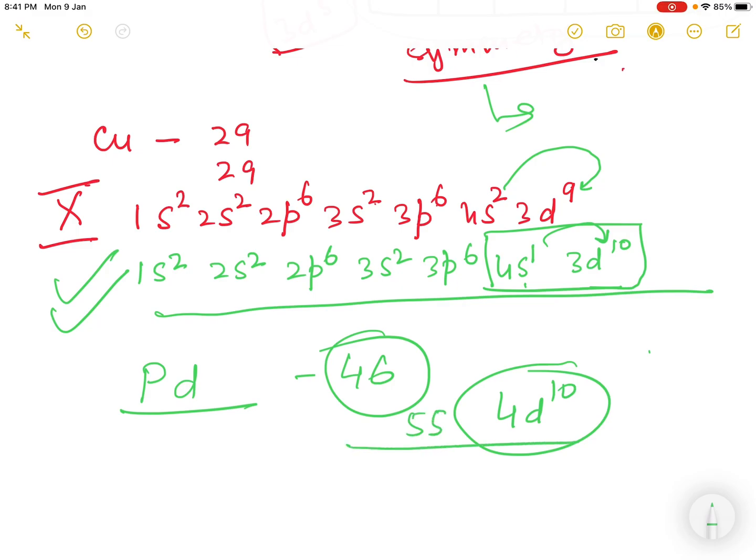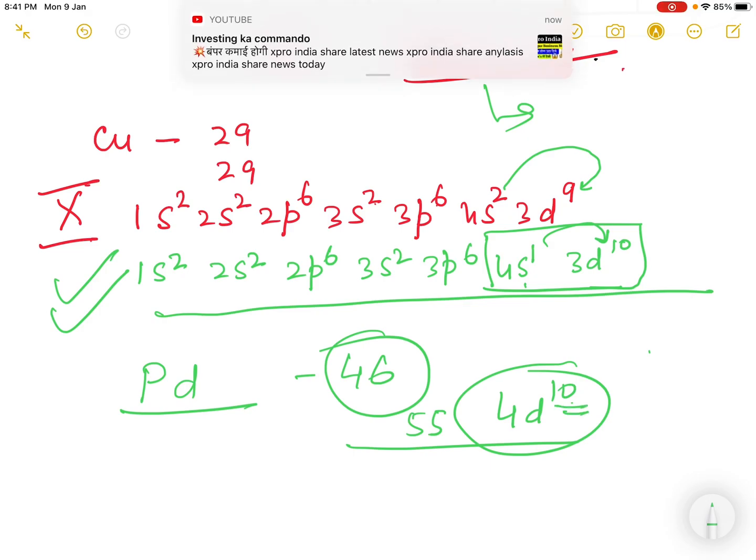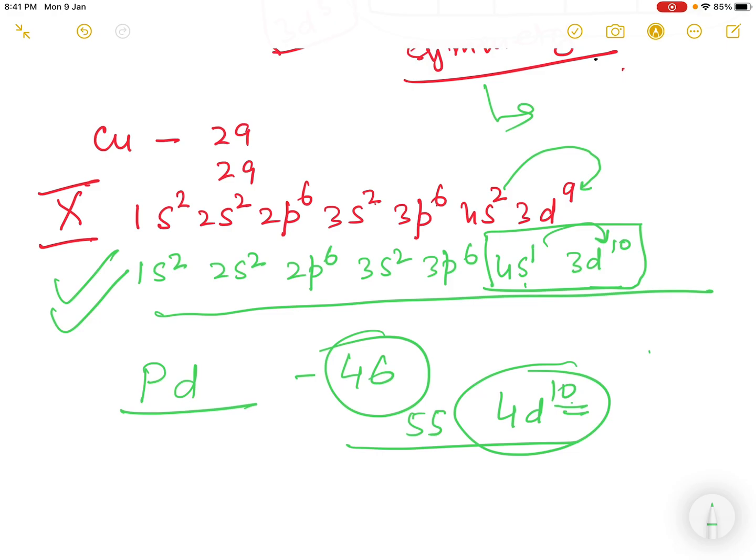According to our series, it should be 5s2 4d8. If we count the series from the initial series and reach 5s2 4d8, this is not correct.